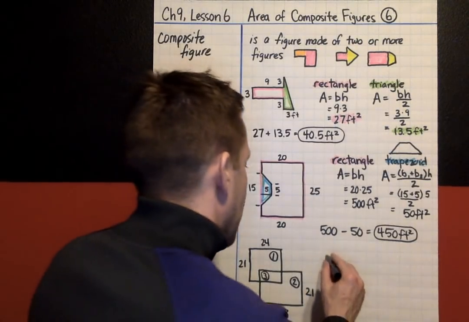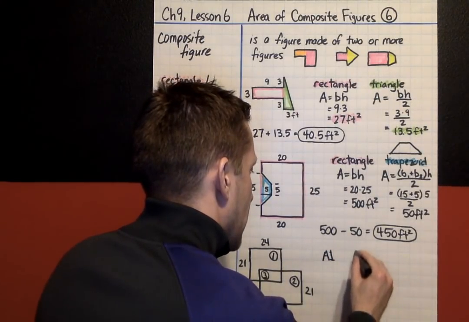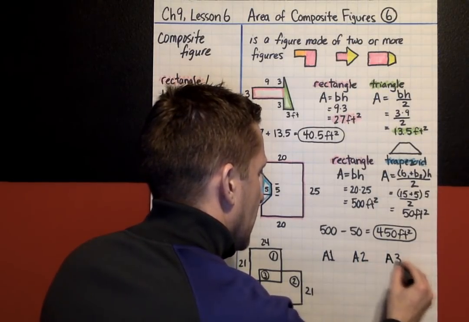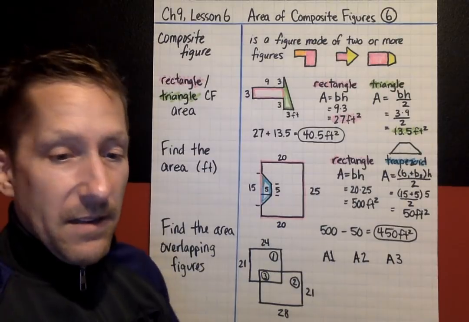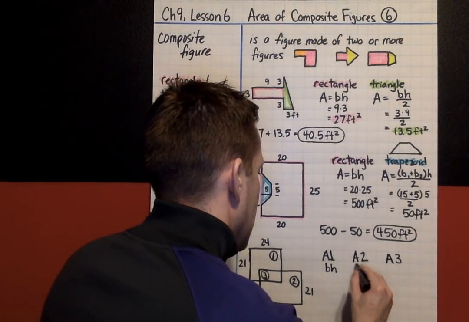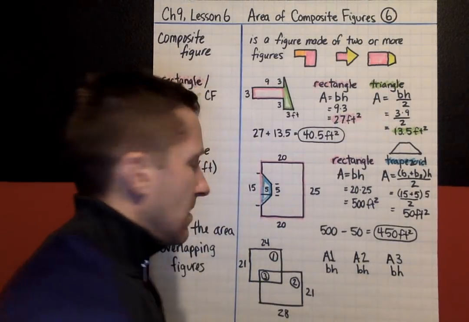So now let's label the area of rectangle 1, the area of rectangle 2, and the area of rectangle 3. The formula is the same for all of them. Base times height, and base times height.